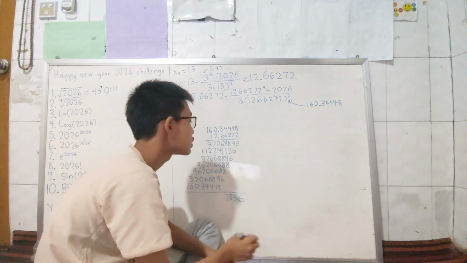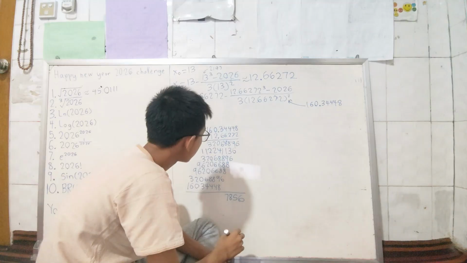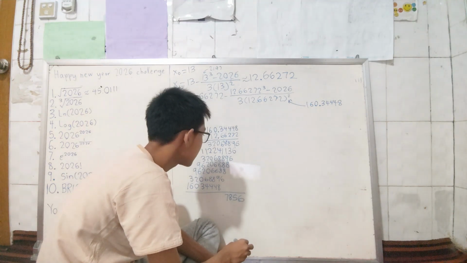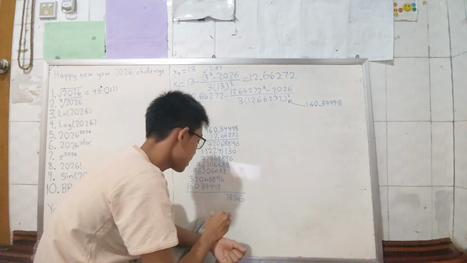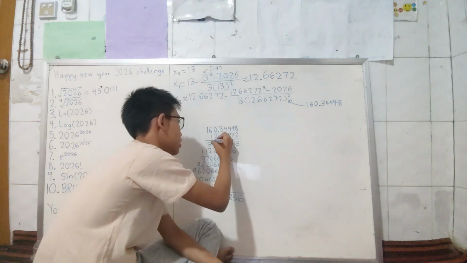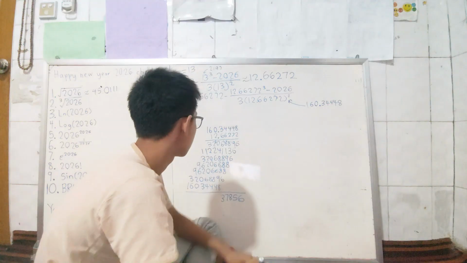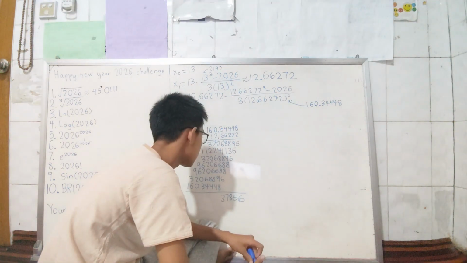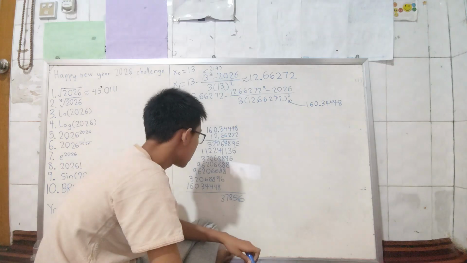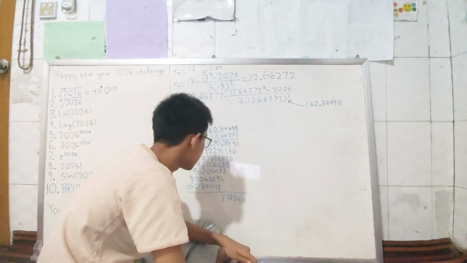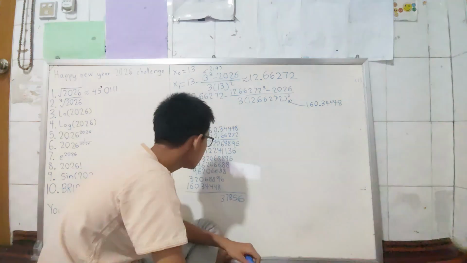8 times 3 is 24, 25, 27, 30, 33. And then this is gonna be 2 plus 3 is 5, 7. That's gonna be 10. 6 times 3 is 18 plus 17.